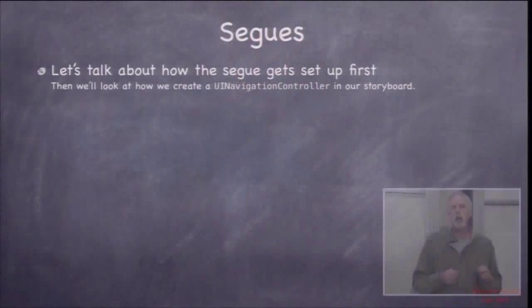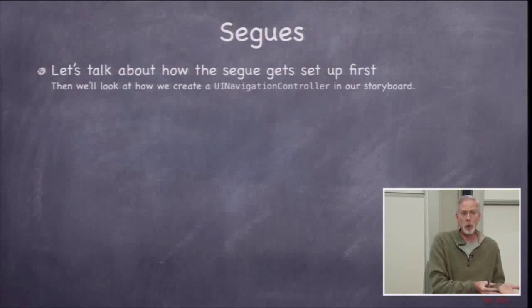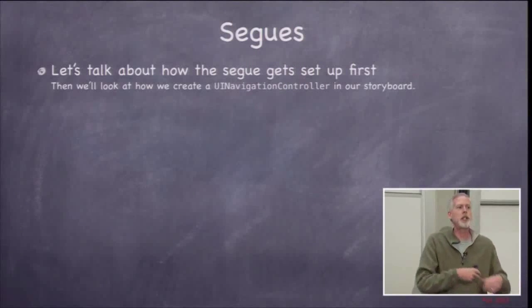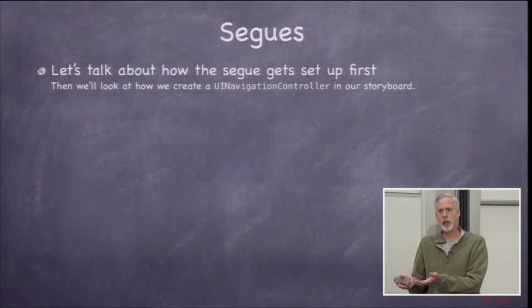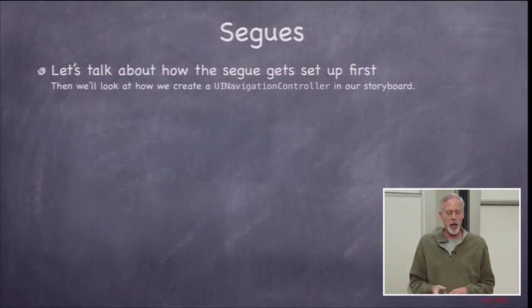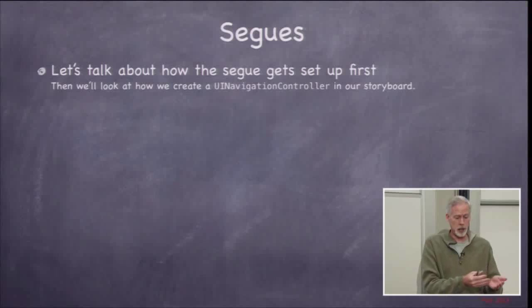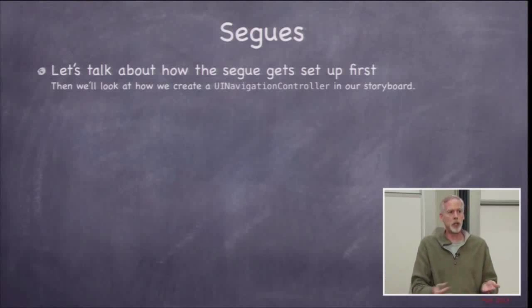Now let's talk a little bit about that pushing. How do we make a second MVC appear on screen? How do we make it do that sliding-in thing? The answer is we use what's called a segue. Segues are very important to understand in this class. A segue is just when you're going to move, or segue, from one MVC to another. The segue involved in a UINavigationController is called a push segue.